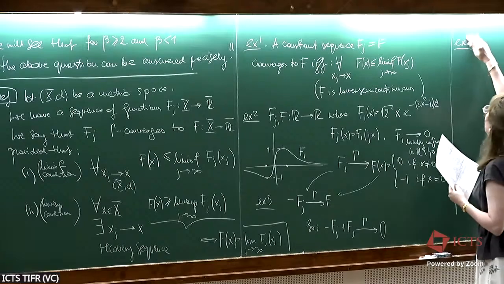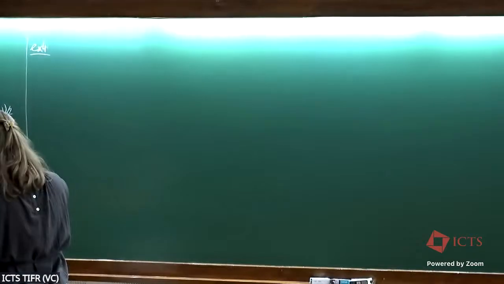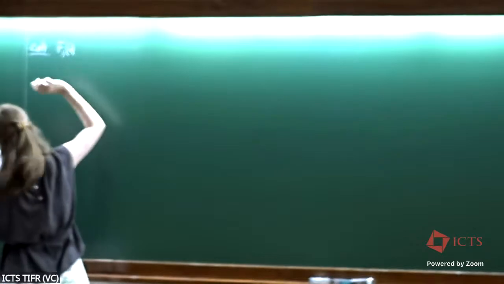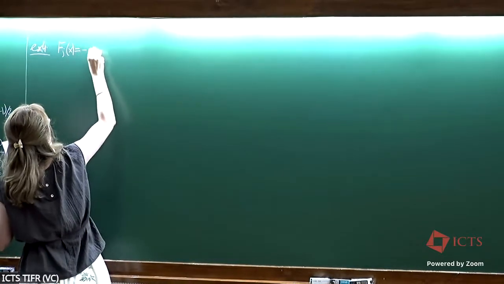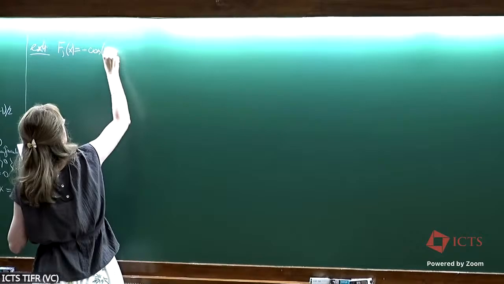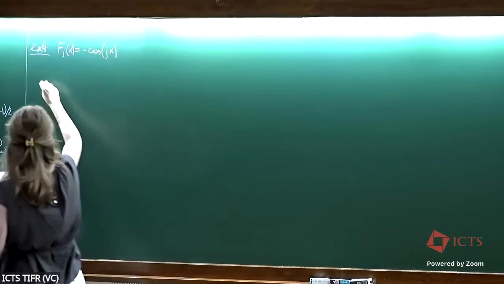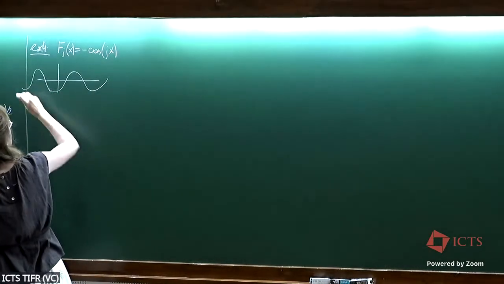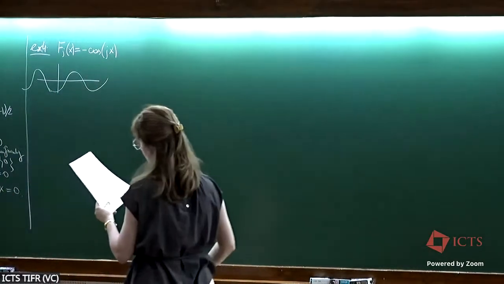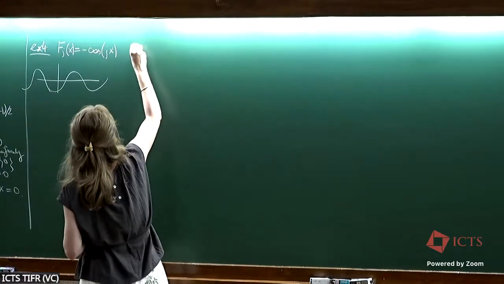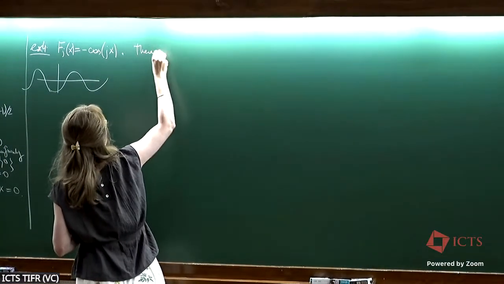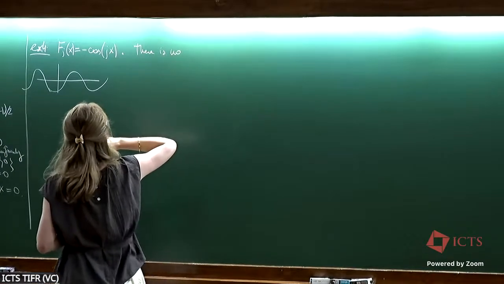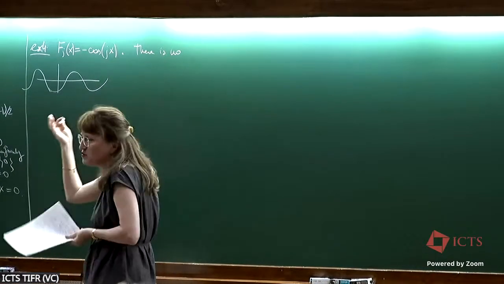Example 4. fj, again from R to R, negative cosine jx. So it looks like this, squeezed. Of course, then this sequence does not converge pointwise.